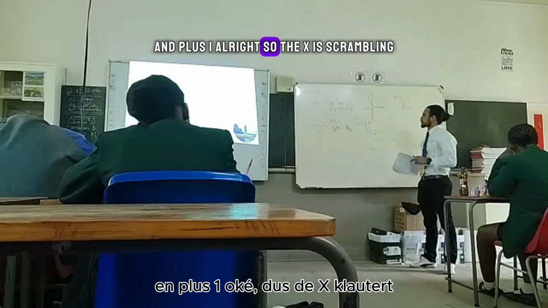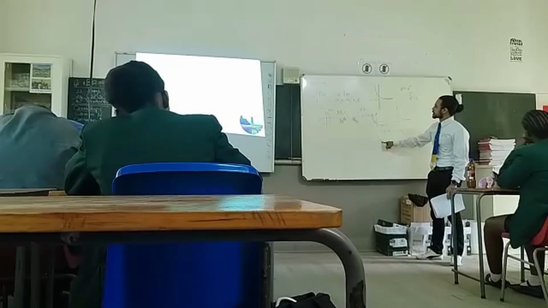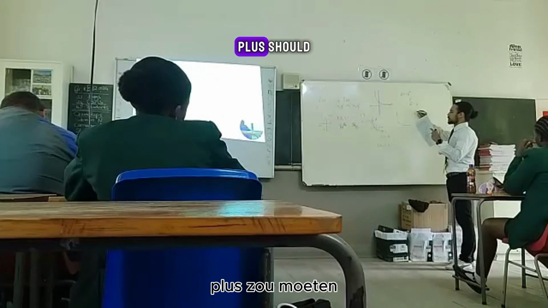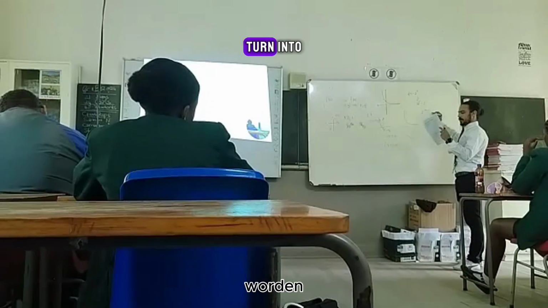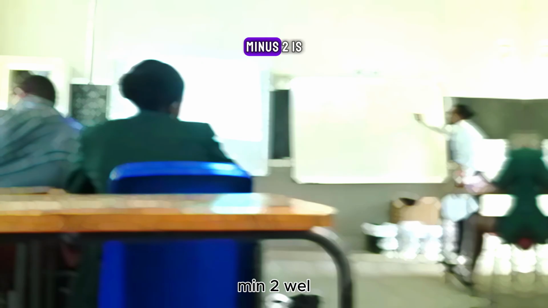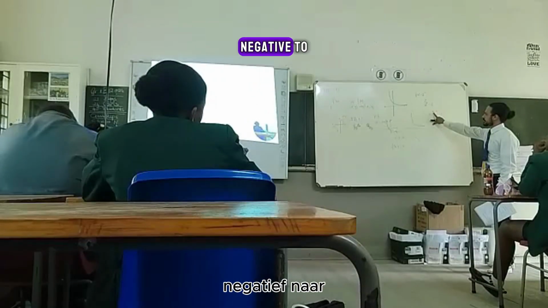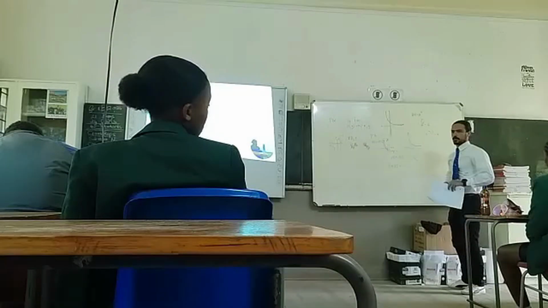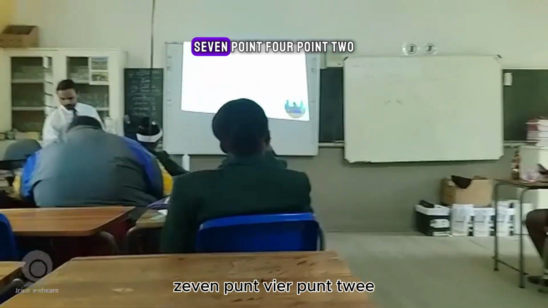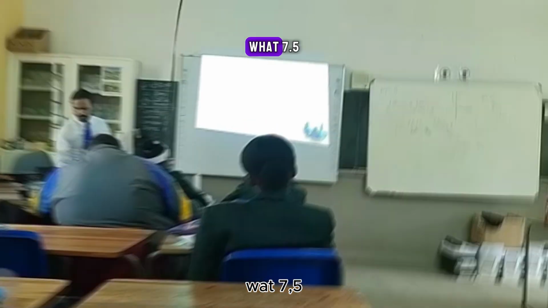Alright, so the x is traveling. What is the x currently? So minus 2 is already a minus 4. 2 units to the right side. Negative 2. Then 7.4.2. What? 7.5.